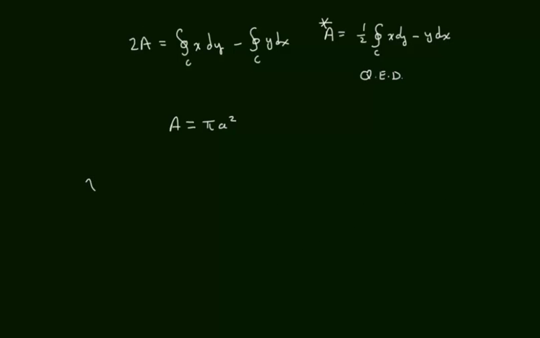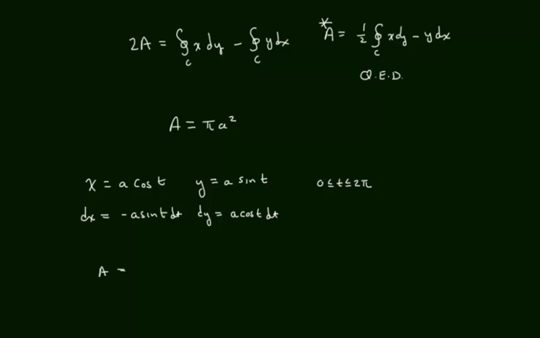If I come up with a parameterization for a circle, x is equal to a cosine t, y is equal to a sine t, and this is, of course, true for t between 0 and 2 pi. dx, of course, would equal negative a sine t, dy would equal a cosine t. Each of these has a dt in them.